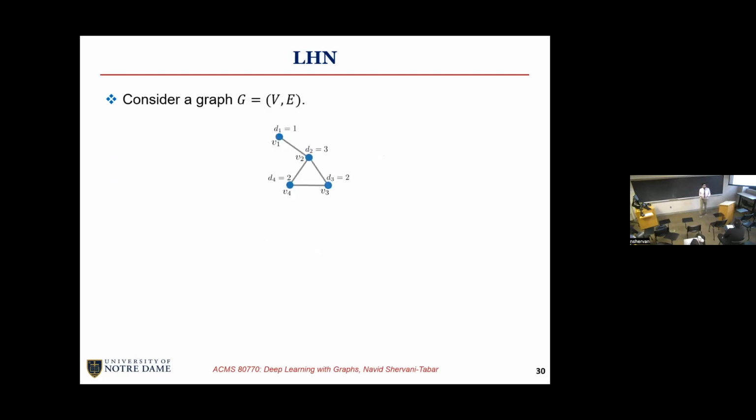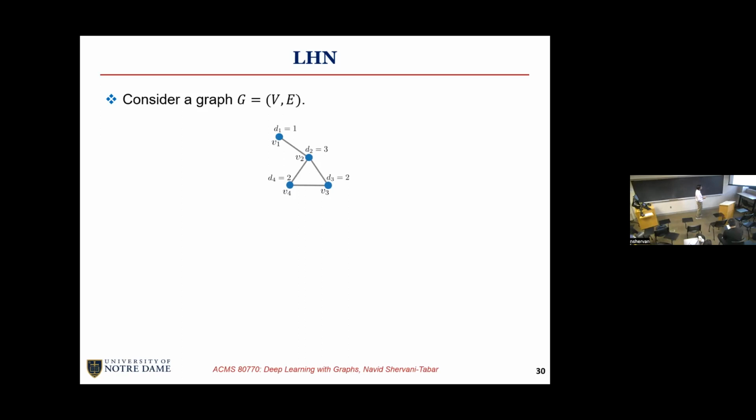For that, we use something called a configuration model. In the configuration model, let's say that we have a graph that has a set of nodes and a set of edges. So we have node V1, V2, V3, V4. Each of these has a degree, right? This one has degree 1, this one has degree 3, these have degree 2.